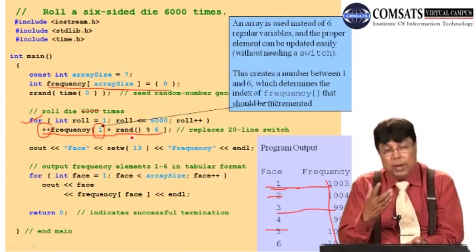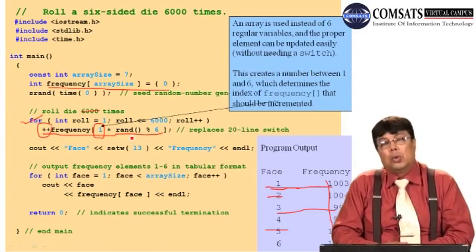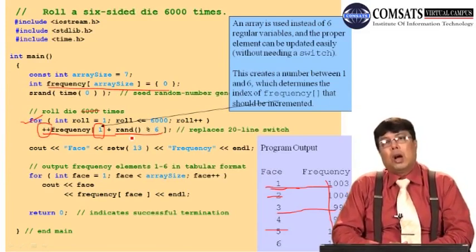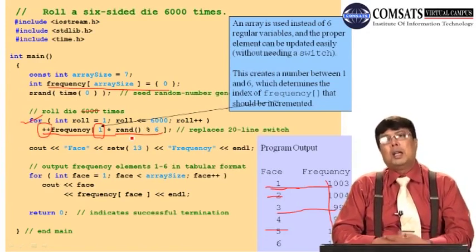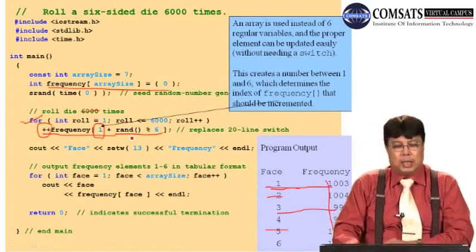So that is a very useful idea through which you can just count down how many times 1 has occurred, how many times 2 has occurred, how many times 5 has occurred, how many times 6 has occurred.